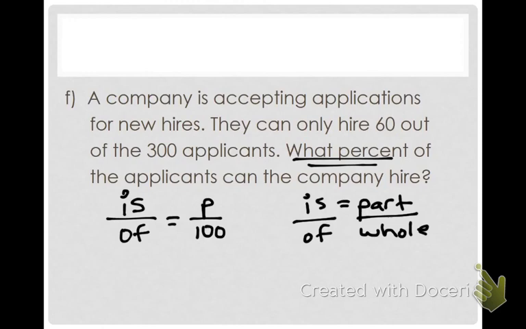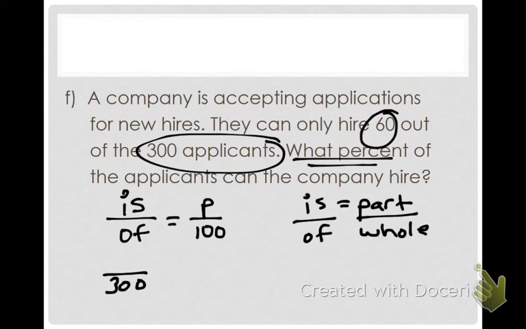If you look here, the whole amount of applicants that are there is 300. So I know that's going to be my of, 300. Now, they can only hire 60. They can hire part of those 300 people, so the part is going to be my is. So here we go. 60 over 300 is my is over my of equals P over 100. Now, I'm going to choose to do the equivalent ratio way because it's going to be real simple.